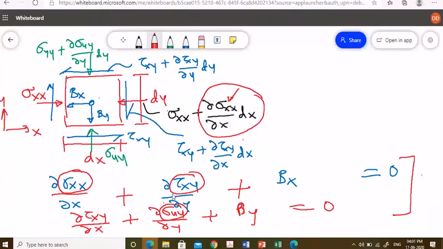I'm sure I cannot solve it. But what it is saying to us is that sigma xx, sigma yy, and tau xy are probably not so independent of each other. So they are not independent of each other.